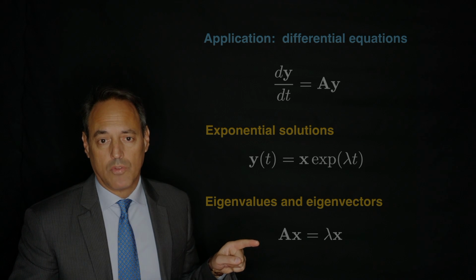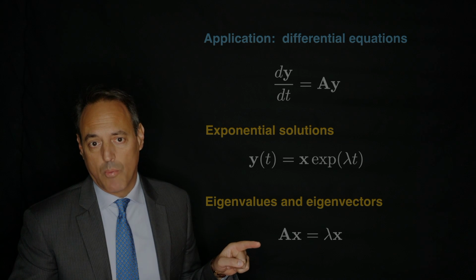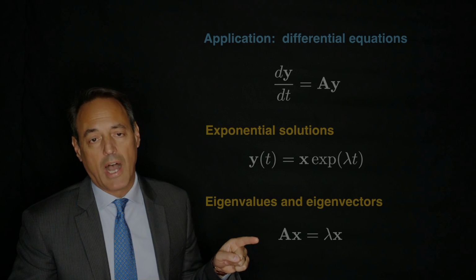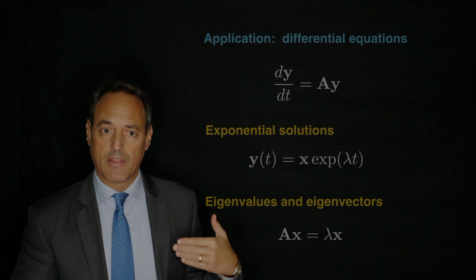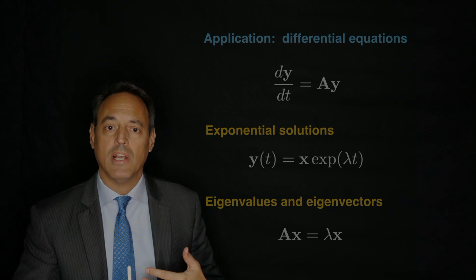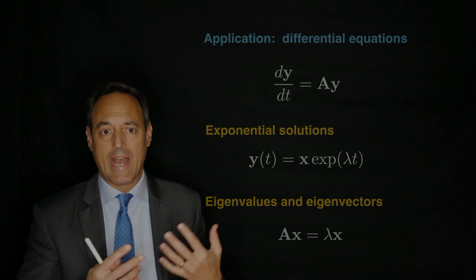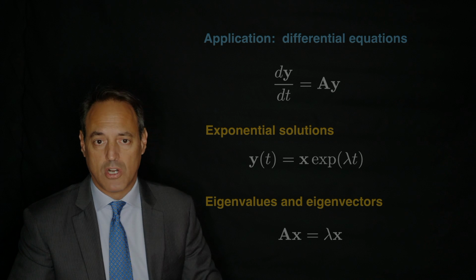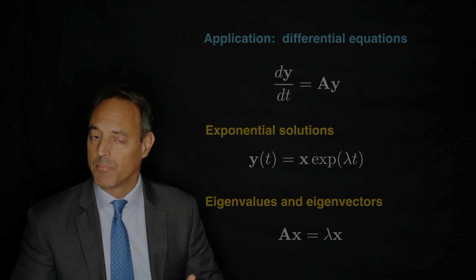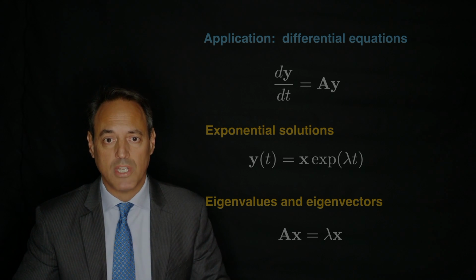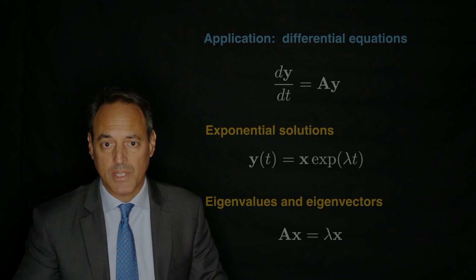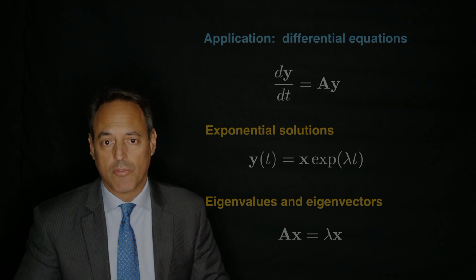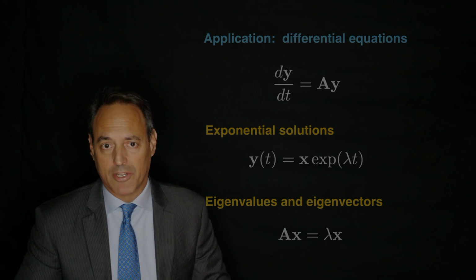And this is an interesting concept, because now what we're finding is that if I'm looking for solutions to differential equations, I have to solve the eigenvalue problem, and the collection of eigenvectors and eigenvalues are essentially my solutions that I can add together to form a general solution. This is the concept of linear superposition. This is a linear model, and so of course superposition is going to hold. And so you see that the basis solutions come directly from solving the eigenvalue eigenvector problem.